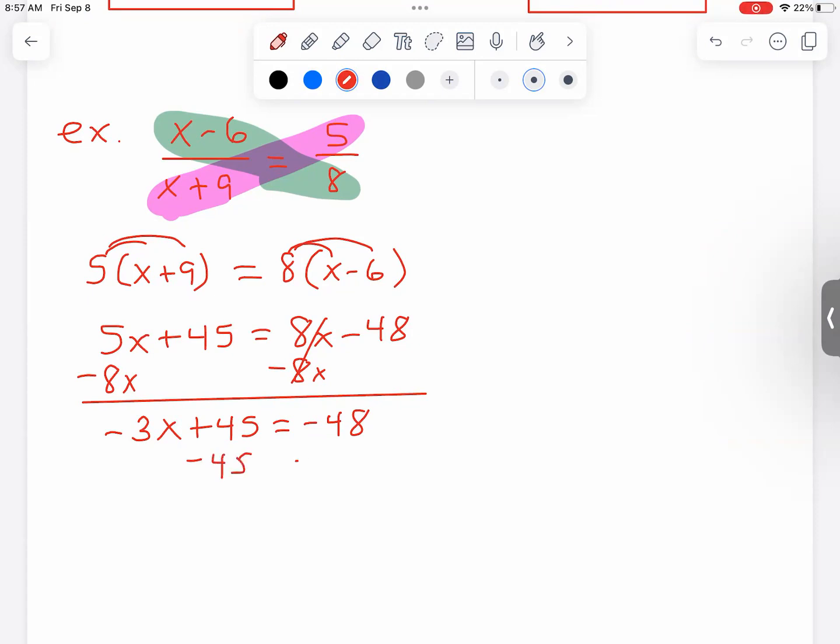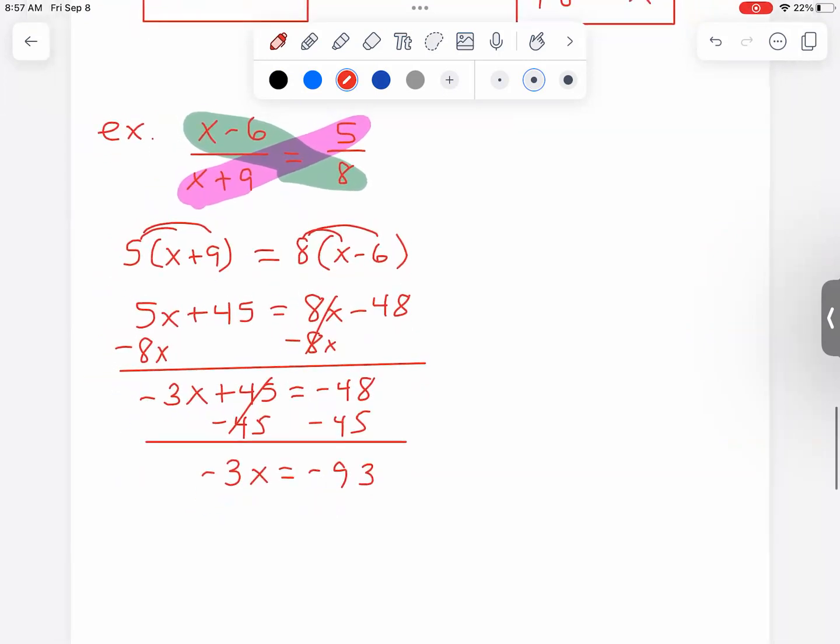And then I'll subtract 45 from both sides. So I have negative 3x is equal to negative 93. And divide and we're done.